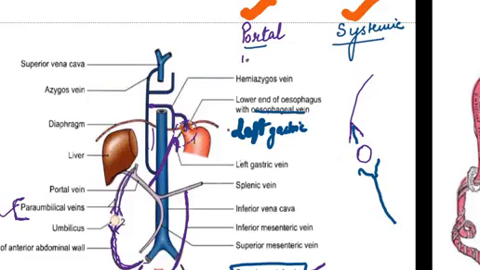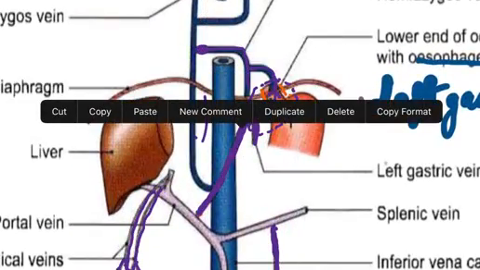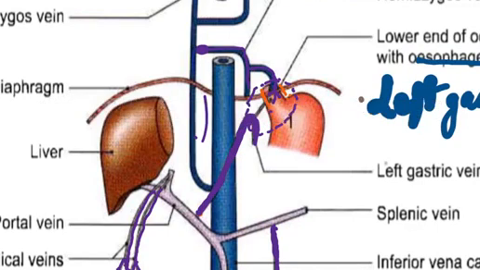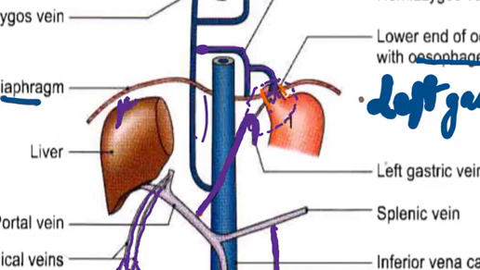So at this site you will see that there are portal radicals, this is the portal part of the portocaval anastomosis, and then we have, this is diaphragm, and here we will have the phrenic veins or the diaphragmatic veins, and they are contributing to the systemic part of the portocaval anastomosis.